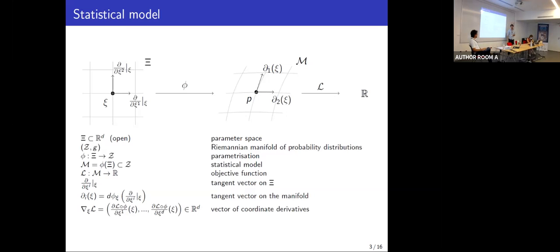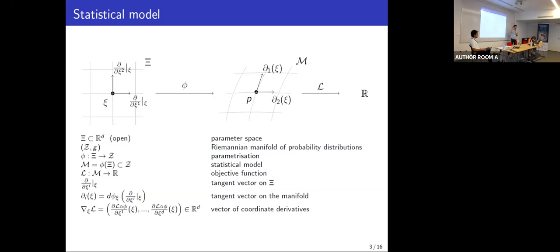Lastly, we have a function L on this manifold, and that can be interpreted as an objective function. For example, if you're trying to optimize a neural network or any other parameterized model, it's sometimes called a loss function, but I'm assuming here, so that I don't have to deal with minus signs, that the higher this function, the better.